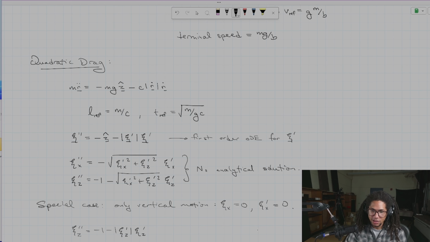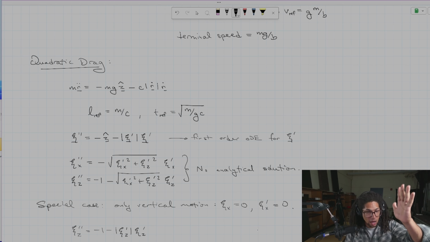The presence of the absolute value splits us into two different cases. In one of them, I fire the projectile up, so that cz prime at time t equals 0 is positive. Then this absolute value spits back cz prime, and this whole term will start out being negative. In the second case, I fire an object downward.